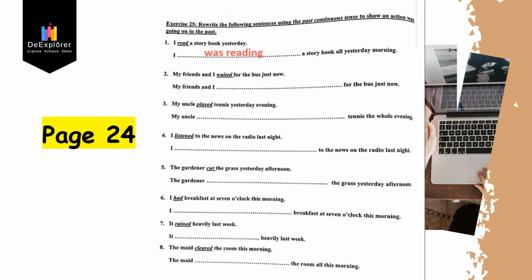Okay, so I was reading a storybook all yesterday morning. Okay, means 昨天整个早上我都正在读故事书。Okay, so the meaning is, the first one is past tense, the second one is the past continuous tense. 强调昨天整个早上正在做什么。Okay, so please do the rest, right? Set questions on your own.